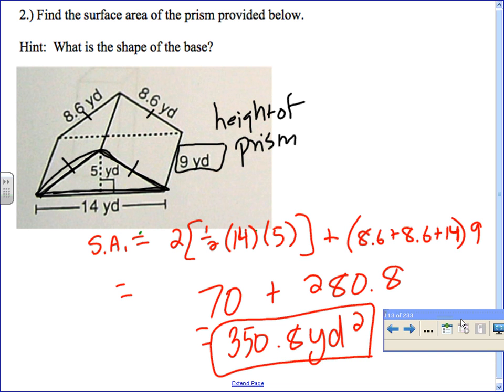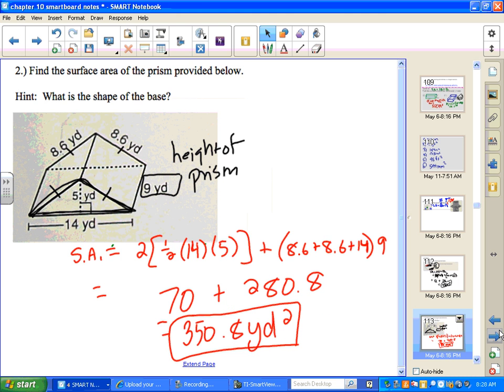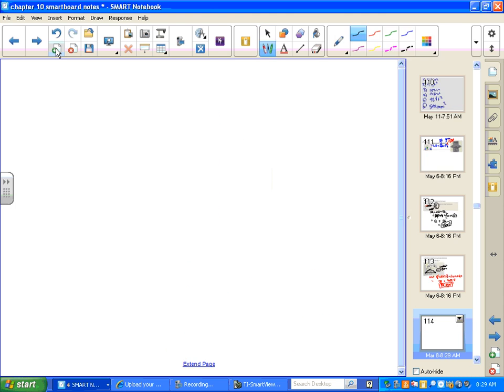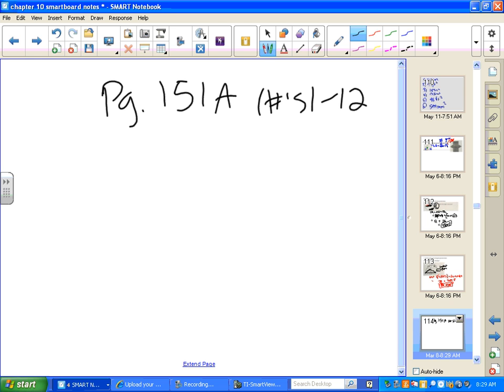Okay. So homework. In your homework packet, you're going to do page 151A, numbers 1 to 12, and page 153A, but not all of these.